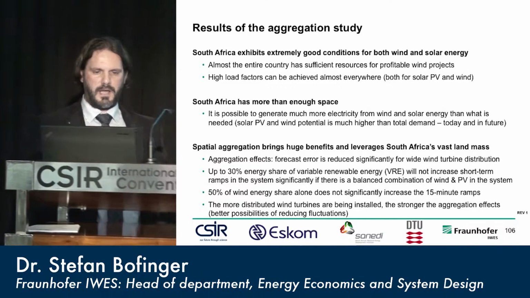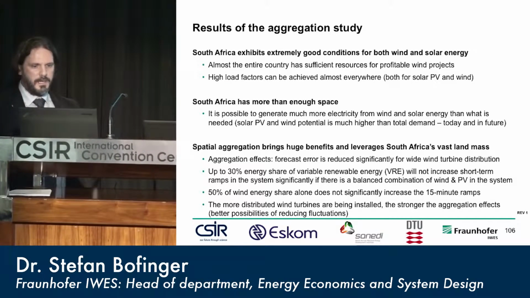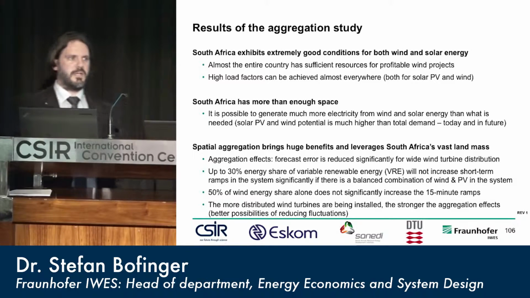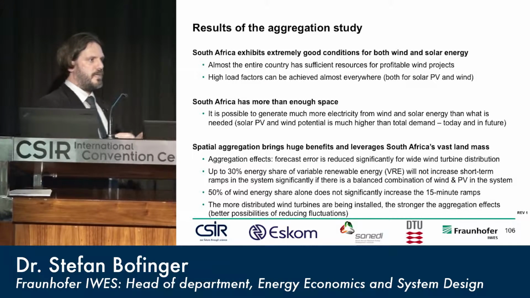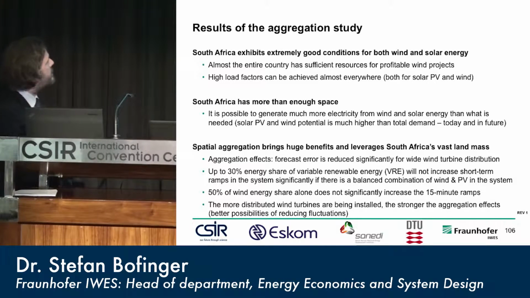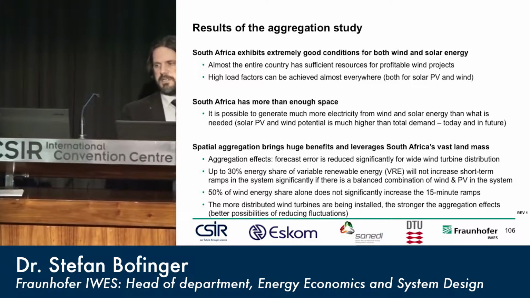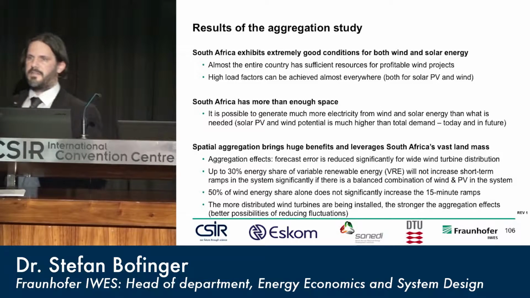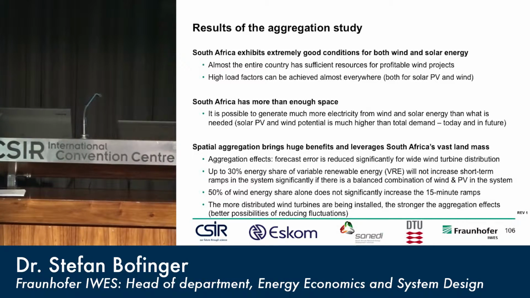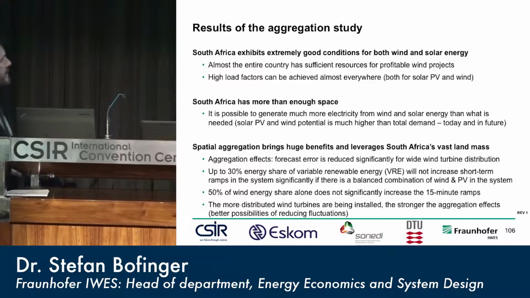You have tremendously high load factors, but from a system perspective, it's good to use all these aggregation effects, which can easily be used by spreading the installation over the country. 20 to 30% of renewable energy share of the total annual demand will not increase the short-term RAM significantly compared to the case without any renewable energy. The more distributed the wind turbines are installed, the better the aggregation effects are.